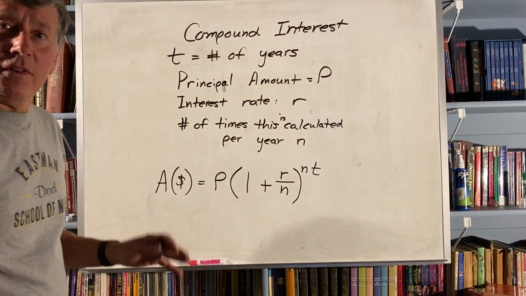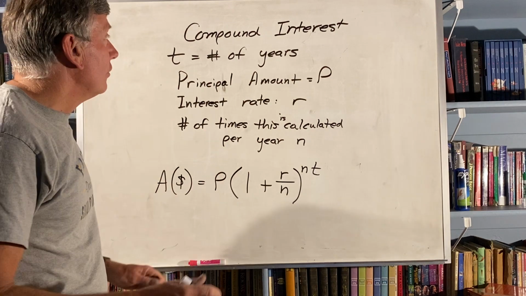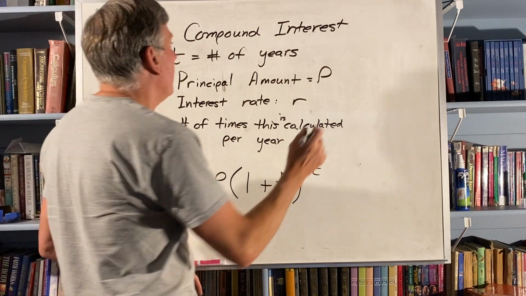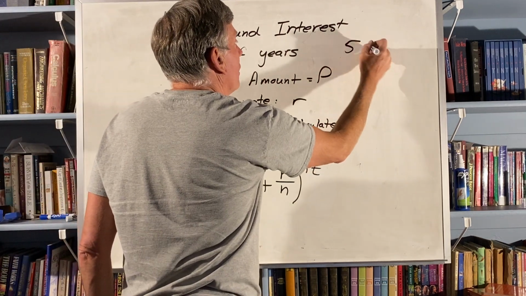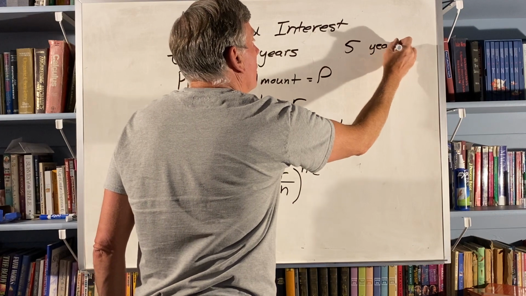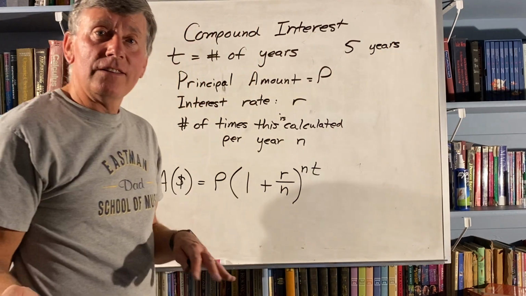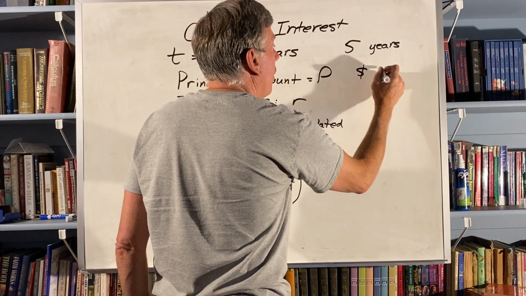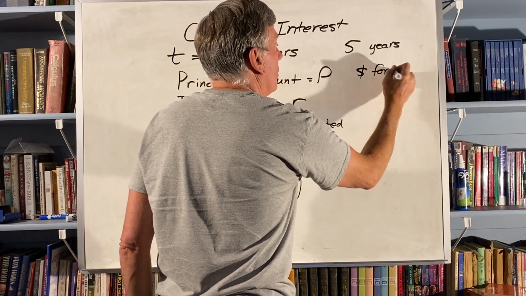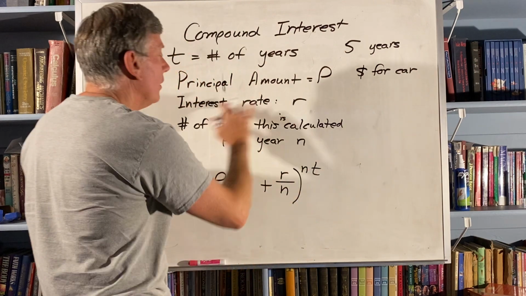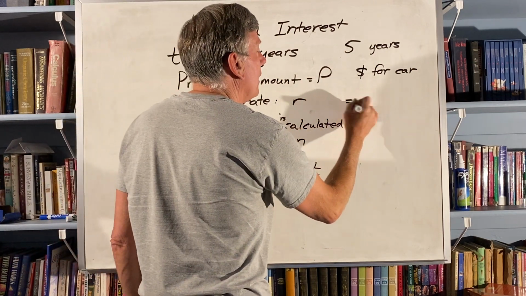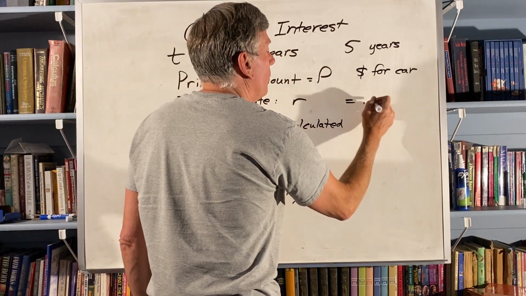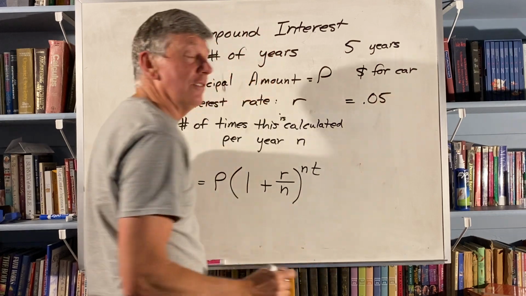So for example, let's say you buy a car and you're going to pay interest on it. You're going to pay it for 5 years. Every month you send in a payment. The principal amount is the amount for the car. The interest rate, let's say it's 0.05, 5%.